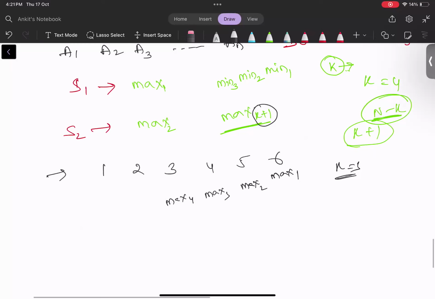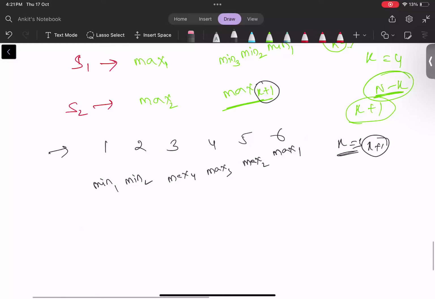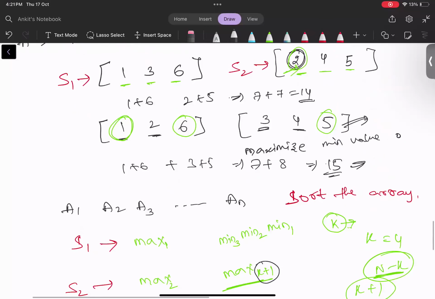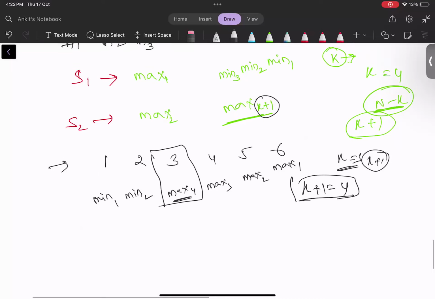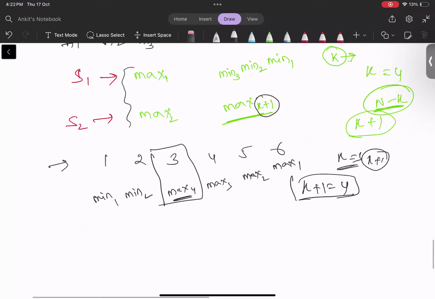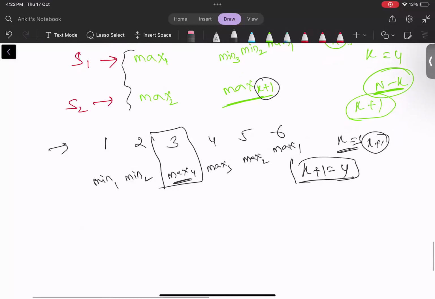As we got the k plus 1th value, let's take here from the minimum, min 1 and min 2. If you see what we placed in S1 and S2 here, this is the k plus 1 maximum, right? Is this the k plus 1 maximum? What is k plus 1? K plus 1 is 4 in our case, right? Is this the fourth maximum value? Yes, it is. Is this condition satisfied in the above example we have taken?